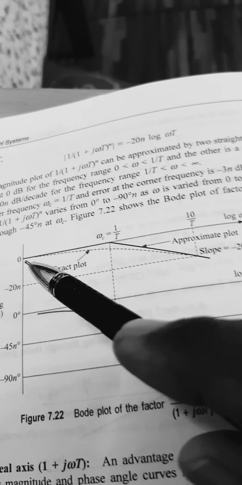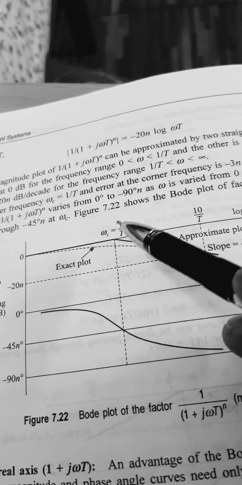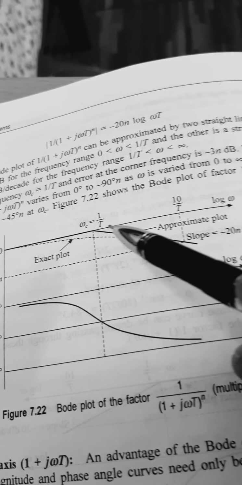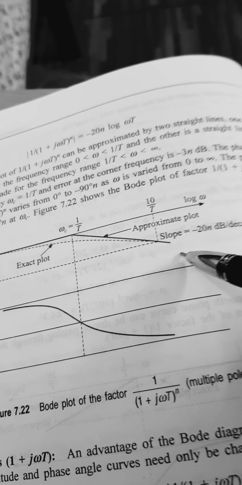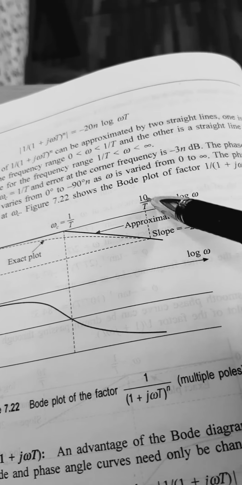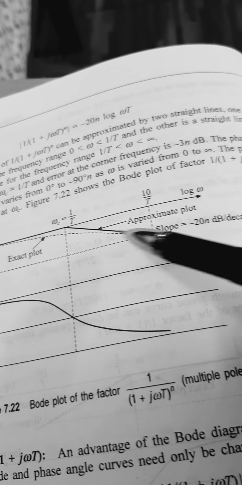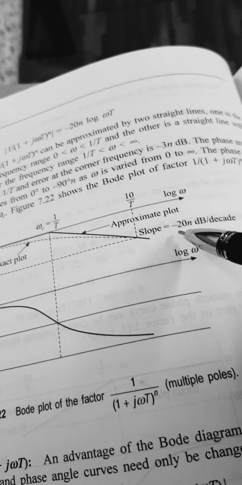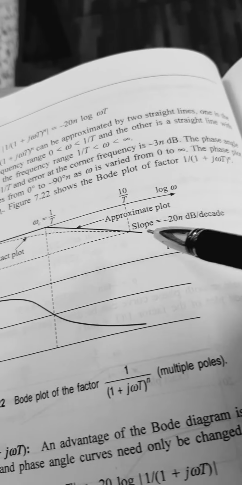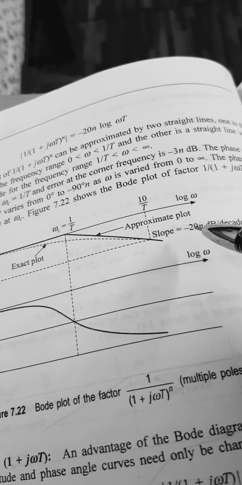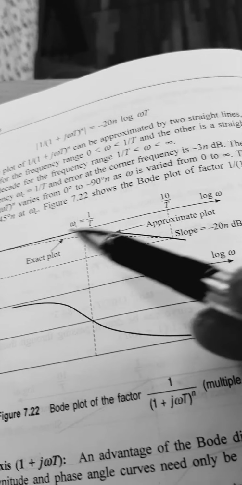Now the plot: from 0 to the corner frequency omega c equal to 1 by t it is 0, and from the corner frequency onward, where 10 by t is one decade, the slope is minus 20 n dB per decade.